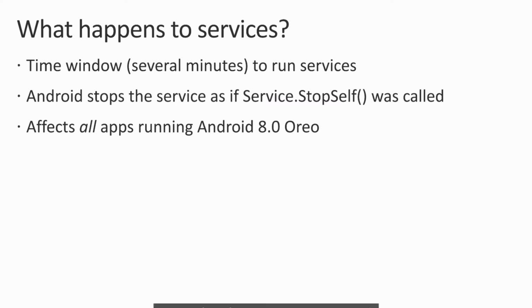So even though your app may not target it, it could still get caught up in this trap. And as well, users do have the ability to go into settings and turn on background restrictions. So this is a very important thing to understand, that going forward, how your app works is going to need to change.